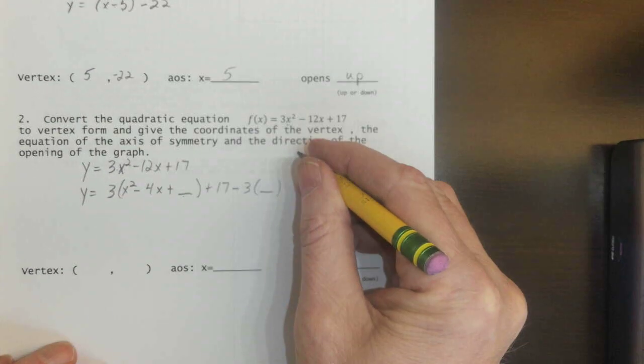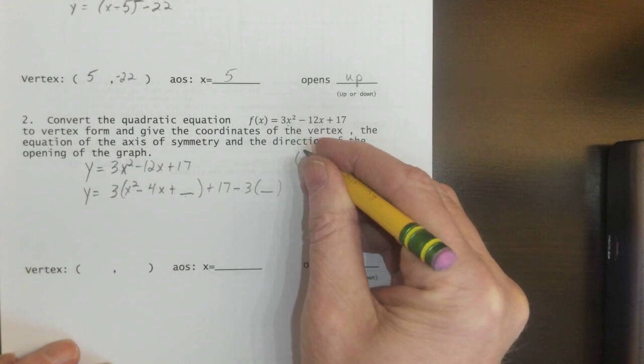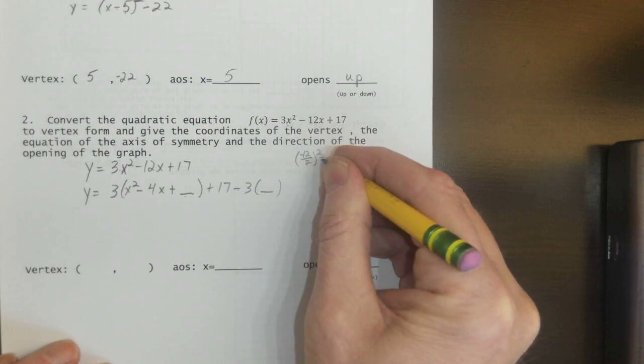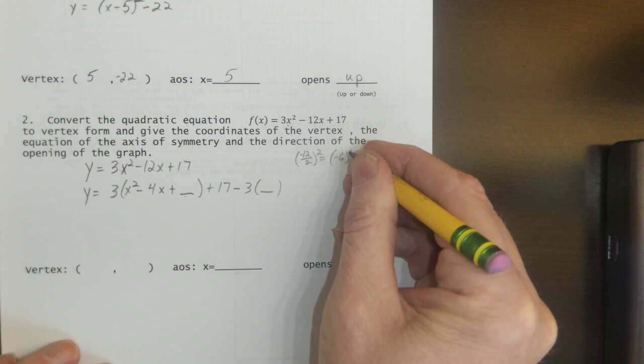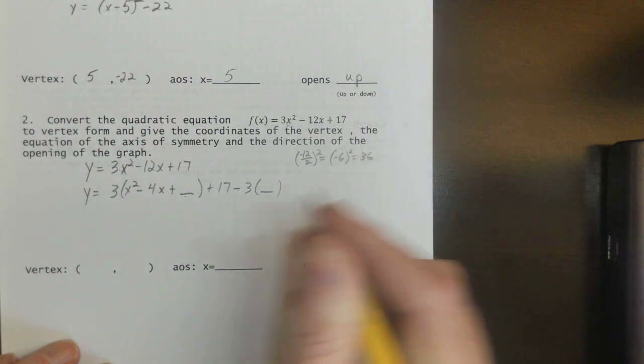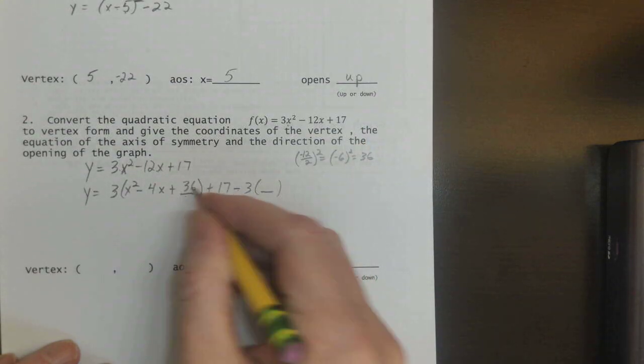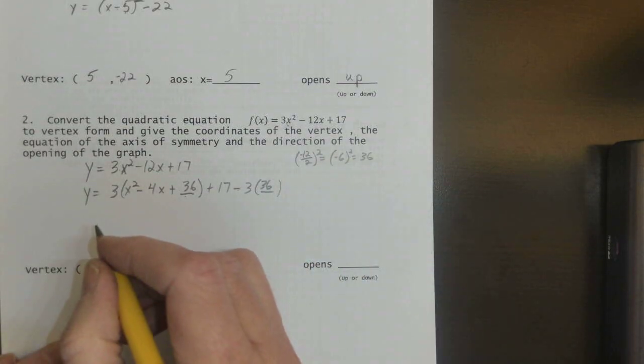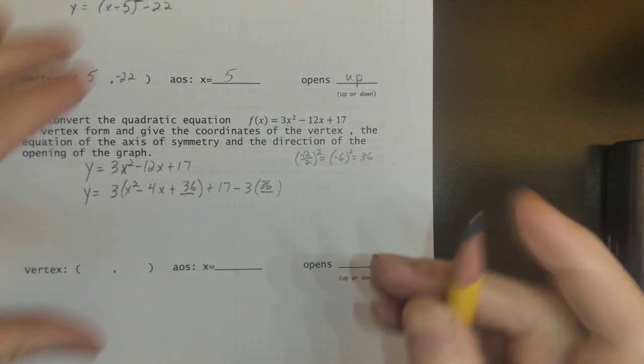Well, let's figure out what b over 2 squared is. That is negative 12 over 2 squared, which is negative 6 squared, which is 36. So we'll put 36 here, put 36 here. Alright.